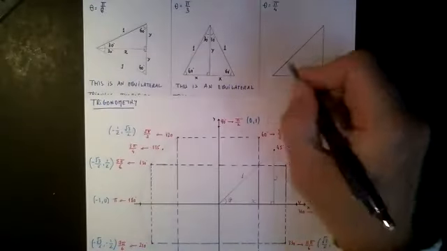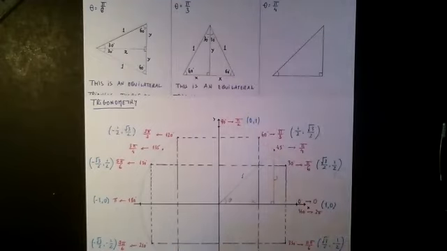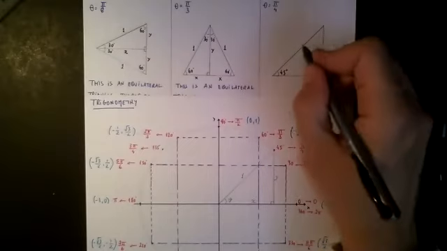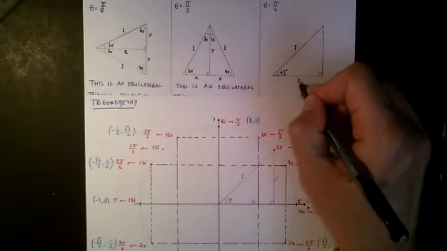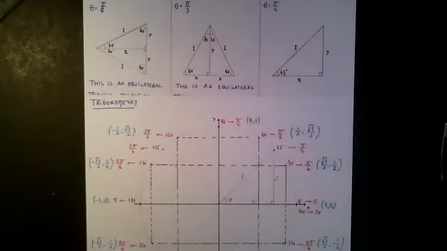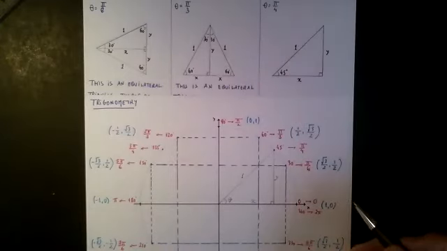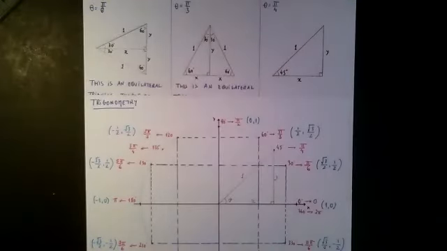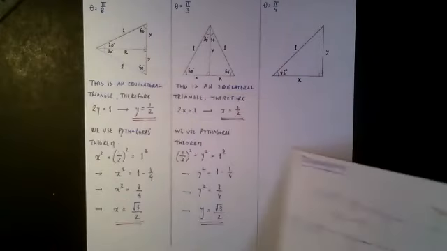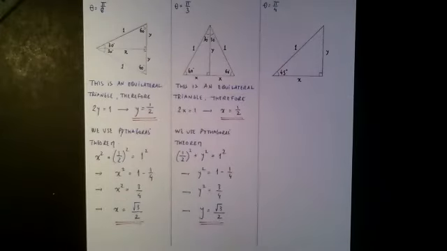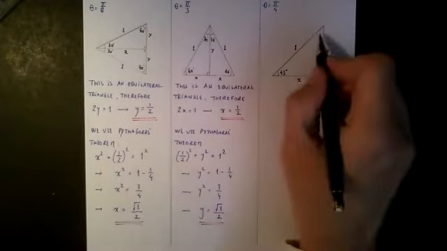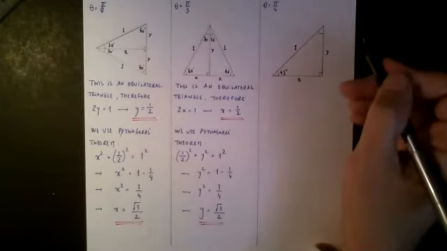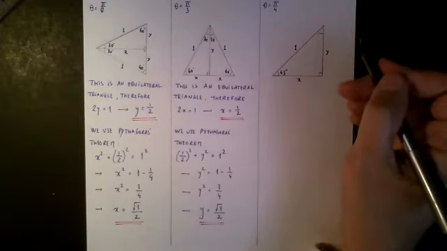So 90 degrees, 45 degrees, 1, x, and y. Okay, I just redrew the triangle. Okay, how much is this angle here? 45.